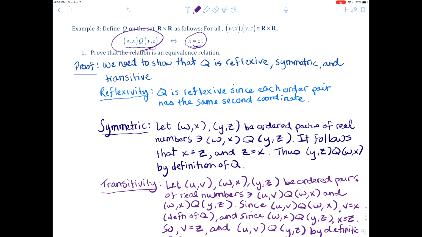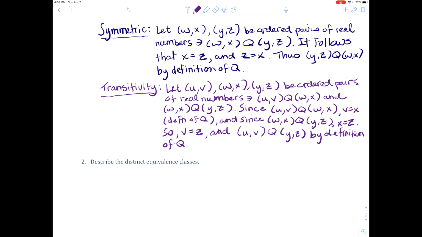And going here. So, hence, Q is an equivalence relation. And we're done.